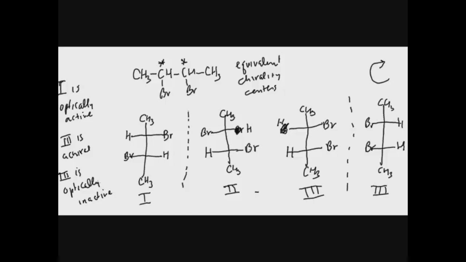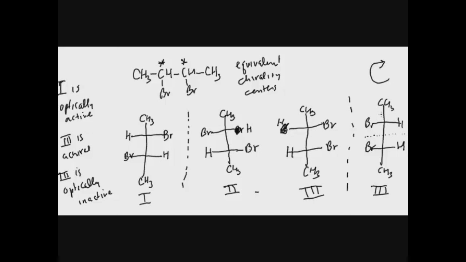Moreover, if you look at it, you can also see that number 3 has a plane of symmetry. If I bisect the molecule down the middle, the upper half is the mirror image of the lower half. It has a plane of symmetry. Anything that has one or more symmetry elements is achiral, and its compound would be optically inactive. Now, stop and think of what we have.